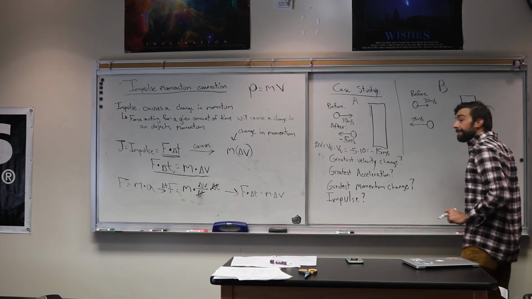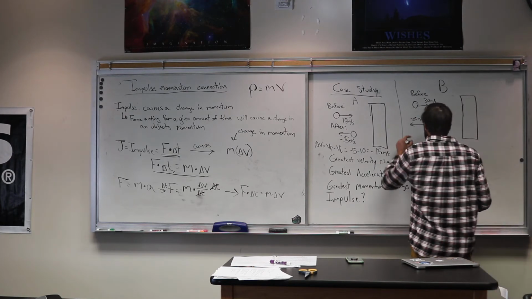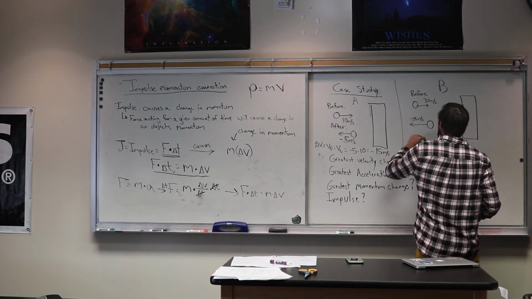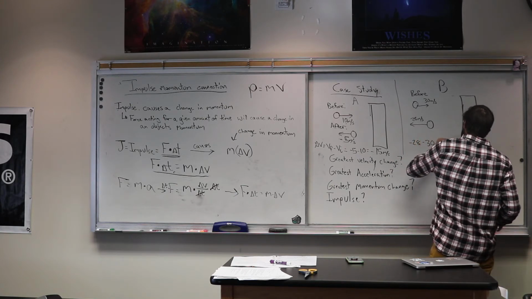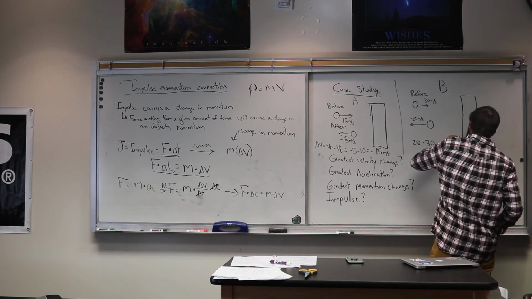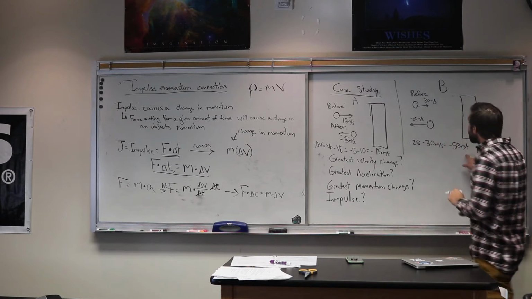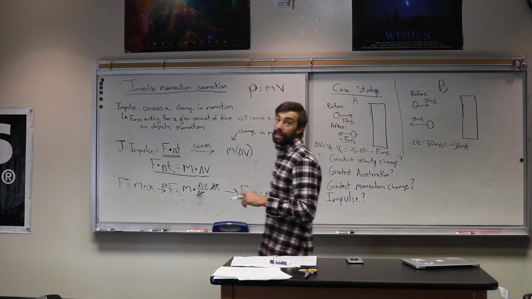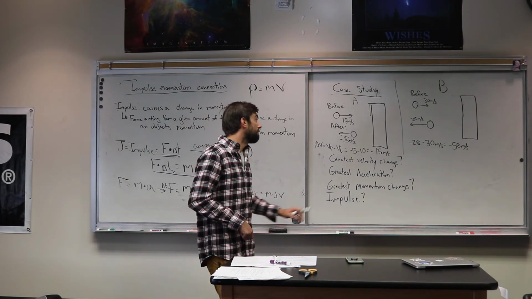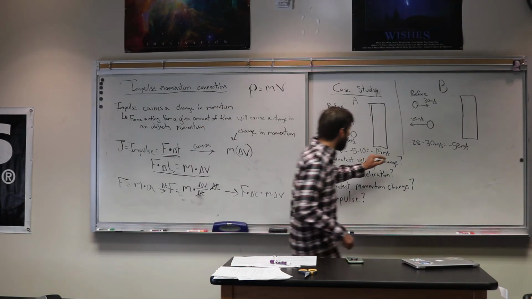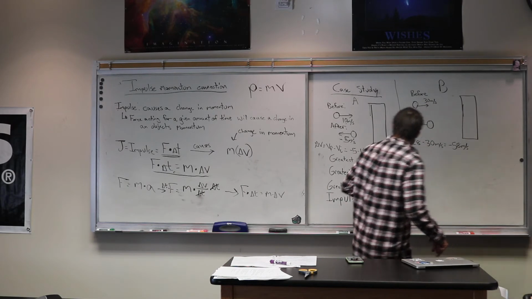How about this one? We have minus 28 minus 30 meters per second equals minus 58 meters per second. I'd say this one has a heck of a lot more change in velocity than A. So we have B here.